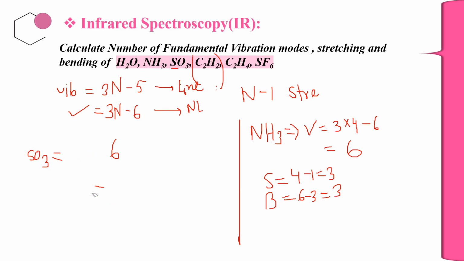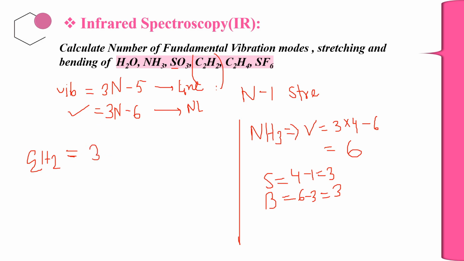That means the number of vibrational modes can be determined by using the linear formula, that is 3n minus 5. For C2H2, the number of atoms present is 4.